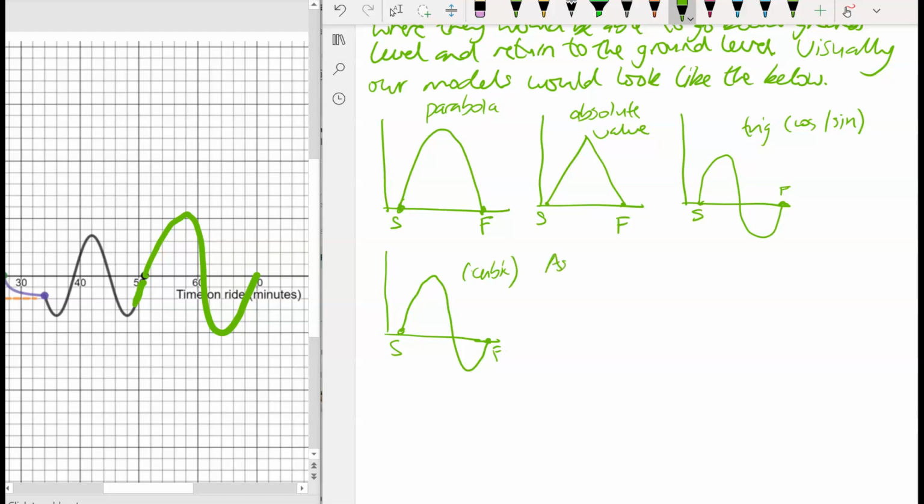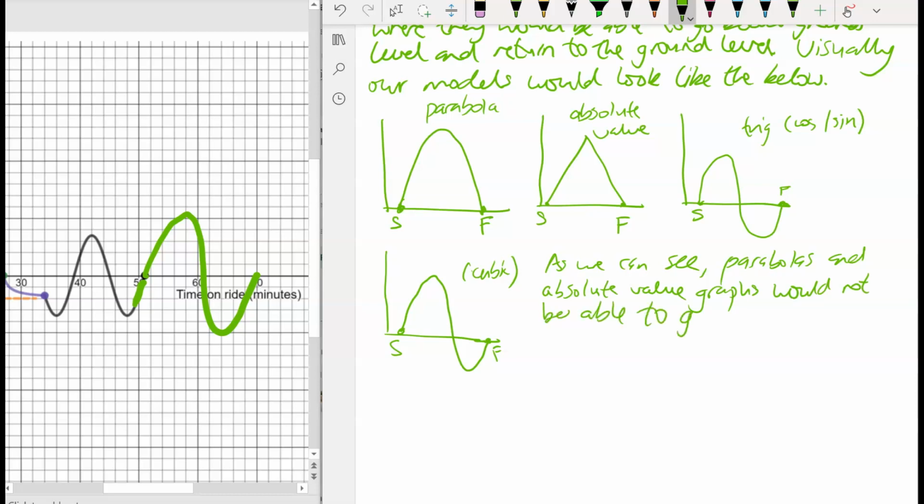Okay, as we can see, parabolas and absolute value graphs would not be able to go below ground level and then return back to the ground level.